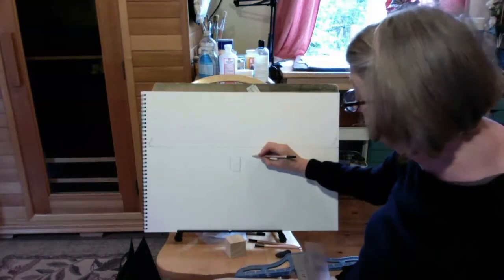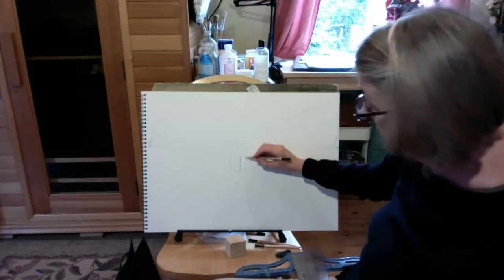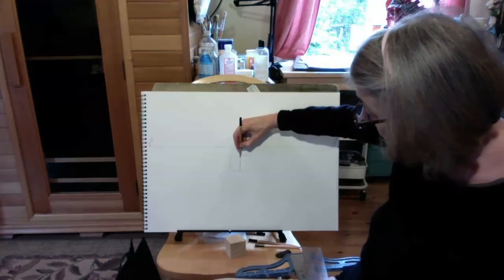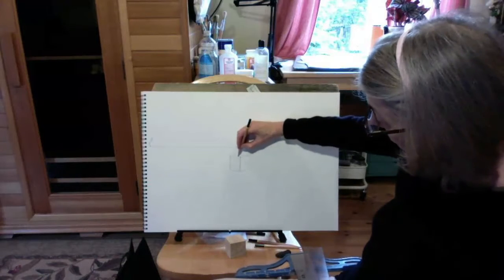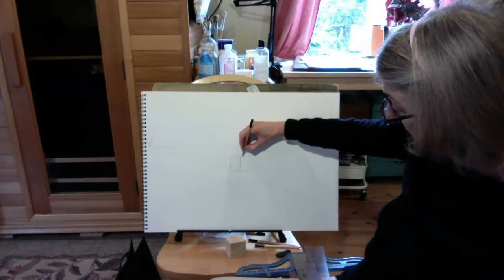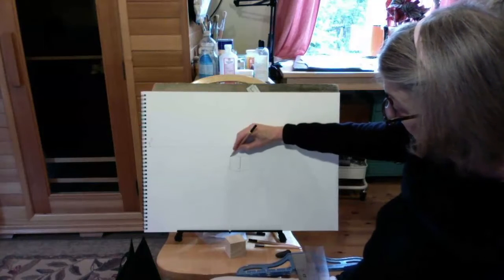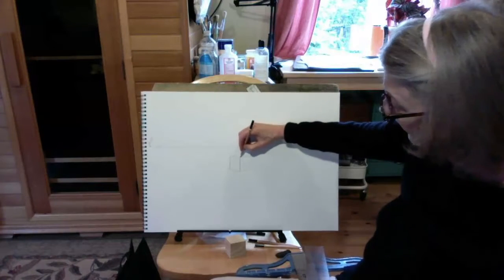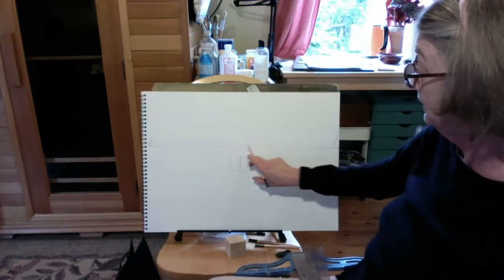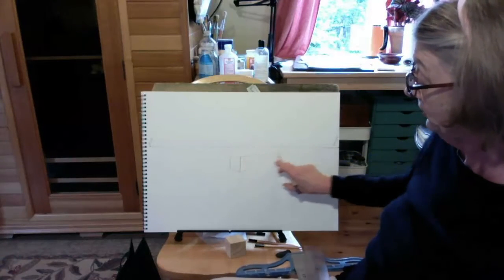So I've got my back lines now, the lines that define the back of my box. Notice how I have what's called an obtuse angle right here. That is more than 90 degrees, and it's flattening out. Can you see as it's getting towards the eye level line, this line is starting to flatten out more than the bottom line?